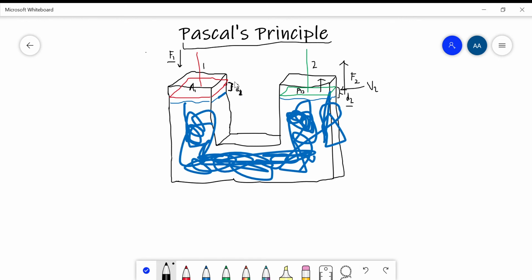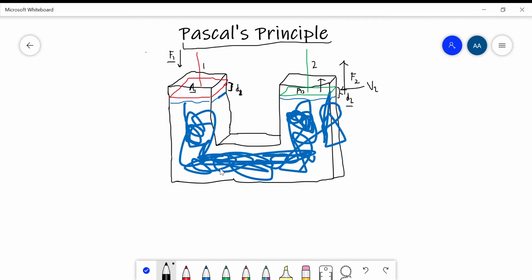So it goes down a distance D1, and the piston has an area of A1, and so it displaces a volume. So it'll displace a certain amount of fluid from the left-hand side. And since water, like any other fluid, is an incompressible state of matter, you can't compress water.